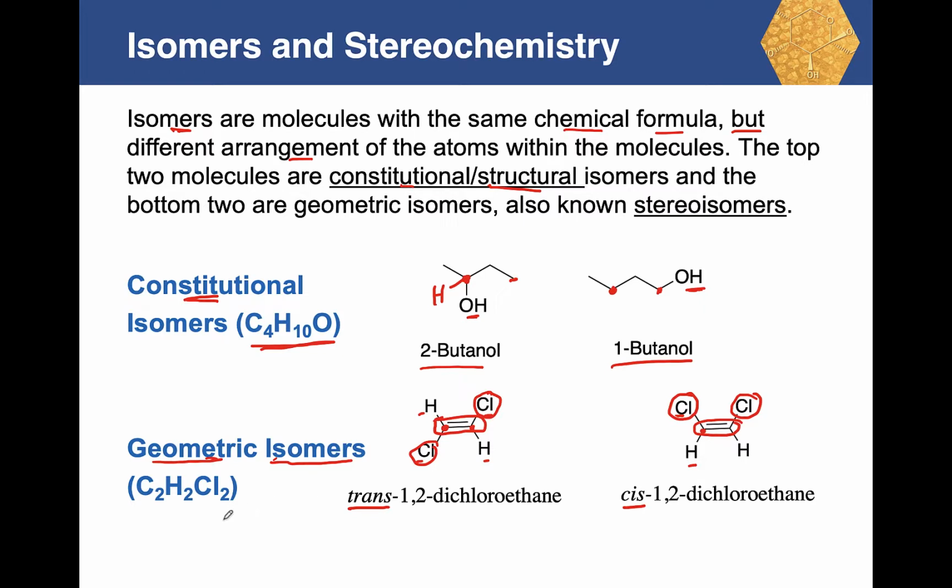A term that we'll use for this is stereoisomers. Stereo here means arrangement in space, or spatial. So the difference here is that geometric isomers are also known as stereoisomers because the groups are arranged differently in three-dimensional space, but the bonding is the same.